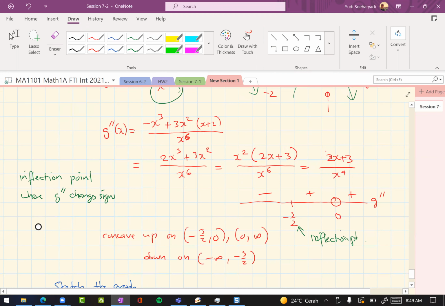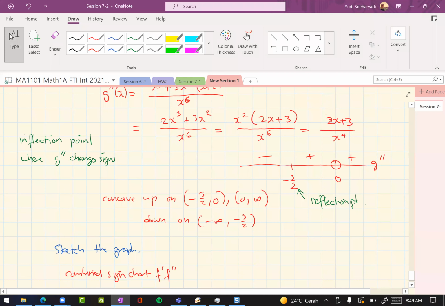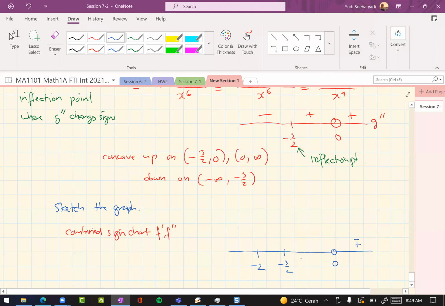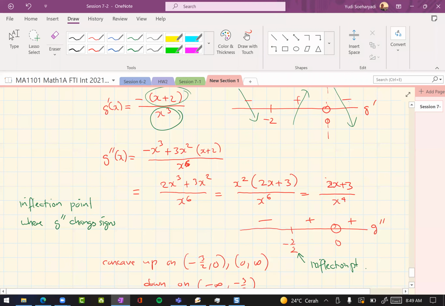To the right of 0, it is negative, and then positive. Between -3/2 and 0, this is positive, positive.